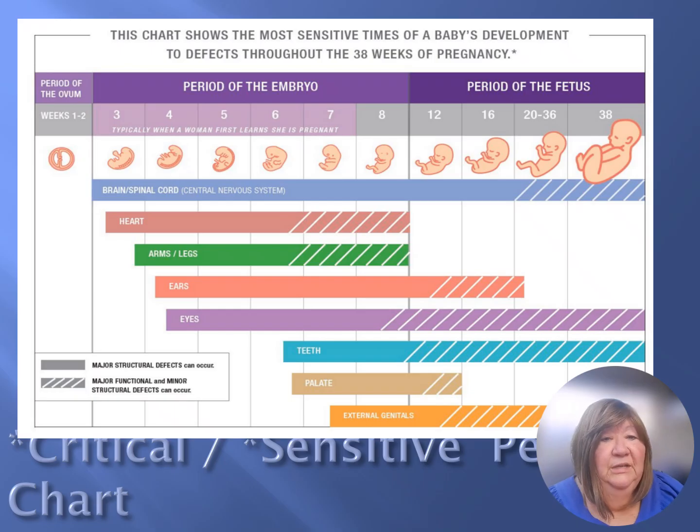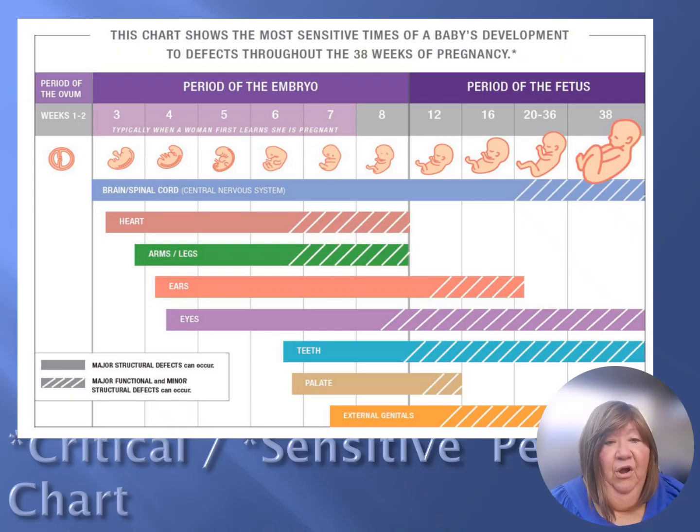This chart is a really interesting one. They have tons of them on the internet in different types, but it shows you this is all inside during pregnancy. This is what the fetus and the embryo look like as they're growing, week 3, 4, 5, 6, and so on. And you can see which things are growing at that time.